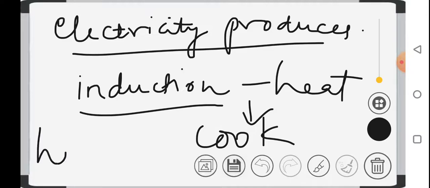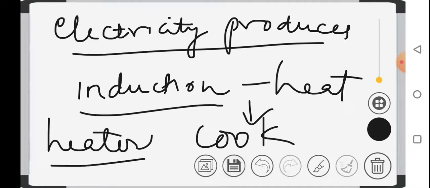Yes, the room heater also produces heat. It also works on electricity. Induction plate also works on electricity. Even your bulb also produces heat. So whatever electrical appliances you use, generally they all produce heat. So they are the source of heat.